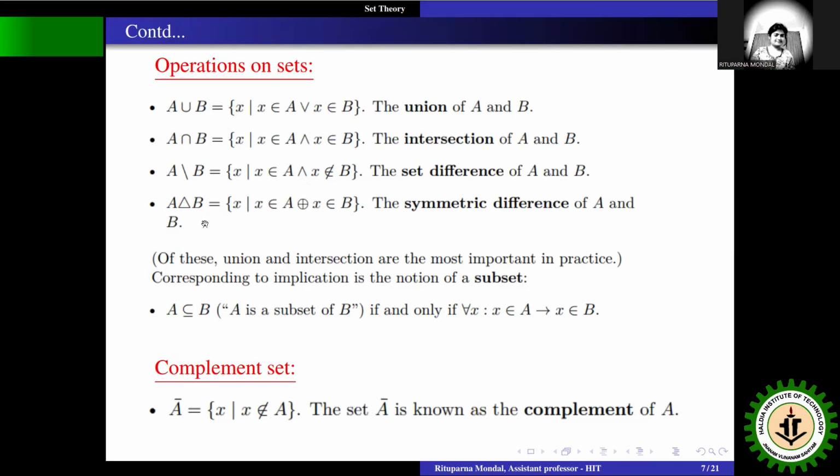So this is the symmetric difference of A and B. Here A is said to be a subset of B if and only if for all X, X belongs to A implies X belongs to B. So this is the notation of A is a subset of B. Now the complement of a set, this is the notation, A complement, contains the elements X such that X doesn't belong to A. So one can say that the complement of a set contains the elements which are not elements of the set A.